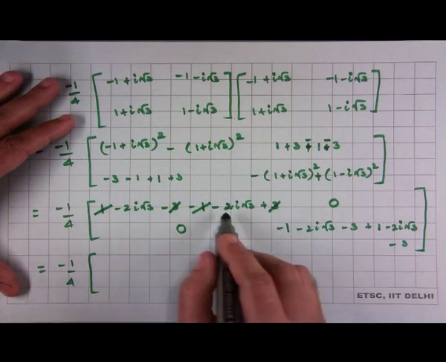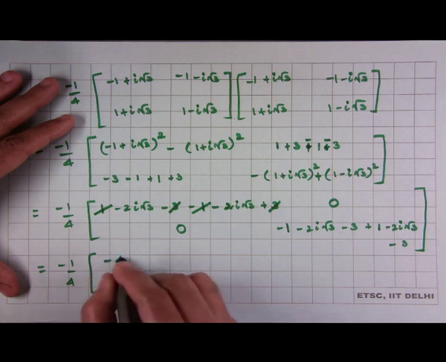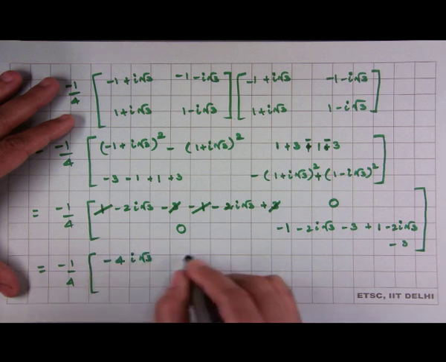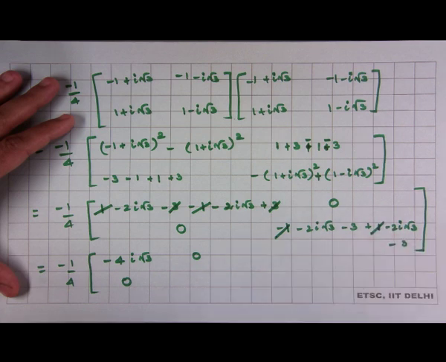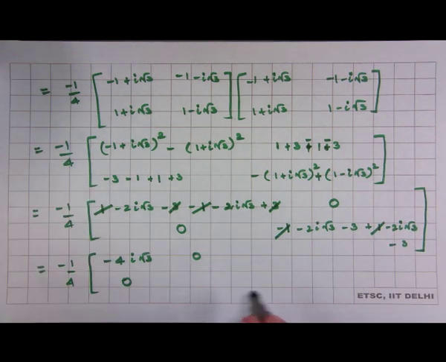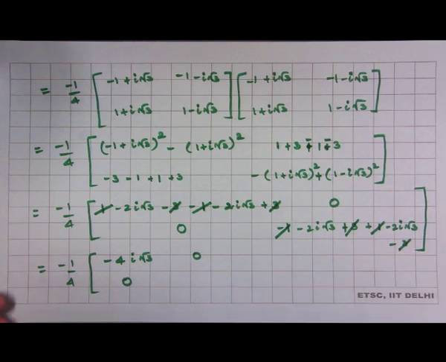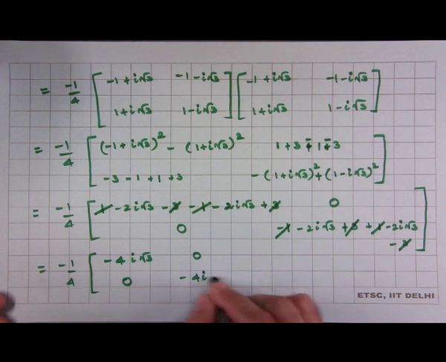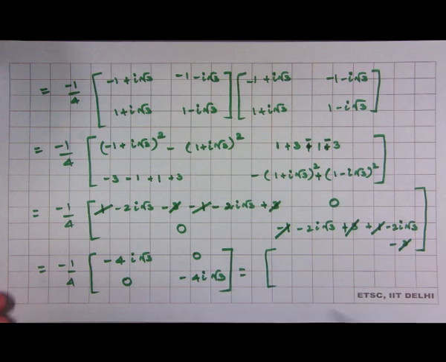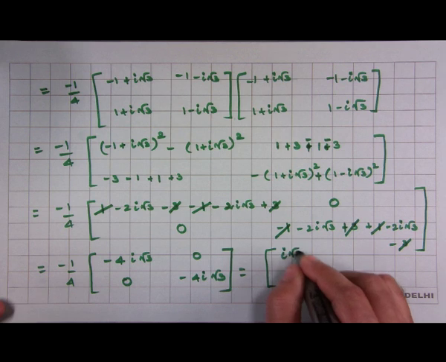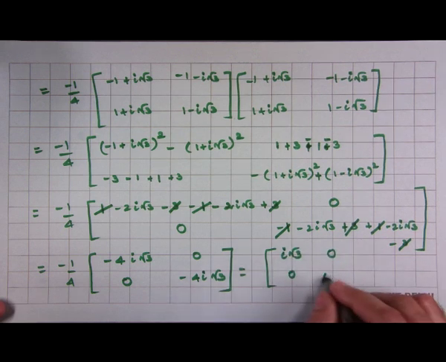What I will have is minus 4 I root 3, 0, 0, this one and this one gets cancelled, this is going to be plus, and similarly these two gets cancelled, and I will have minus 4 I root 3, which will just give me I root 3, 0, 0, I root 3.